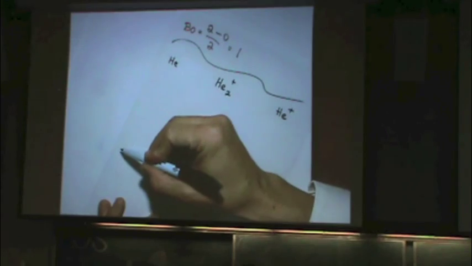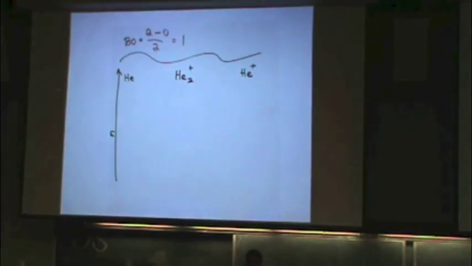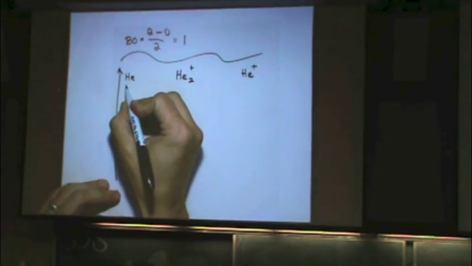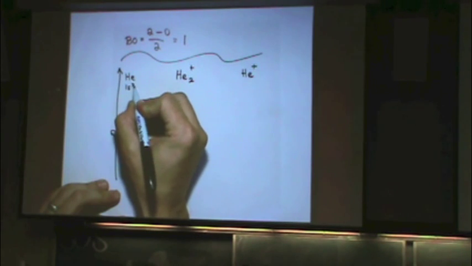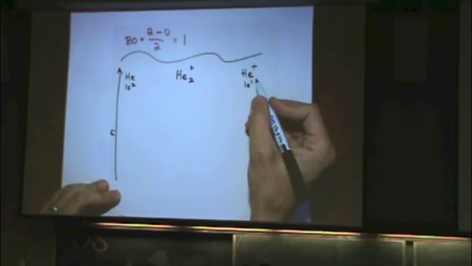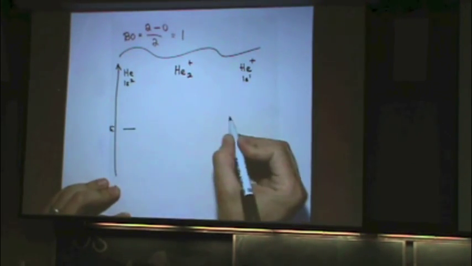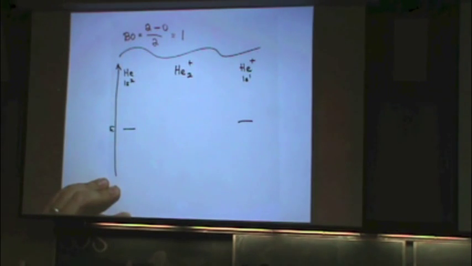So just like before, we have a y-axis of energy. Let's write out the electron configuration. It's 1s2 and 1s1. This helium plus only has 1 electron. And they're at some random given energy in the middle.